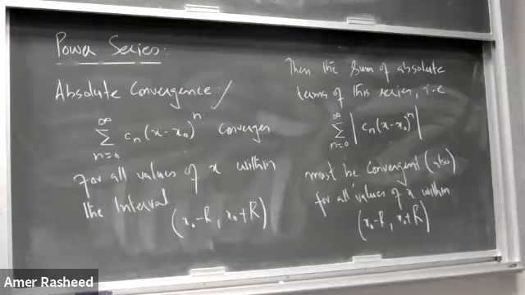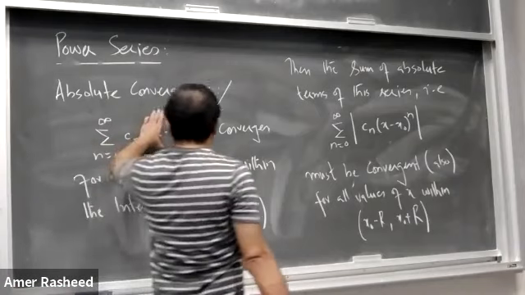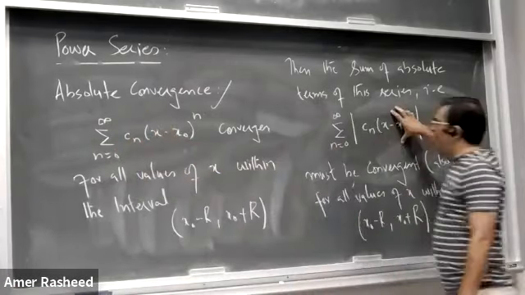Now, how to check whether the given series is convergent or not? Why is this important? Why is it important that if this series is convergent, then this series must be convergent?